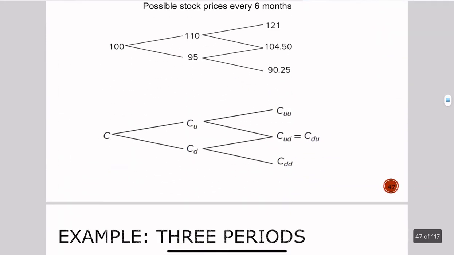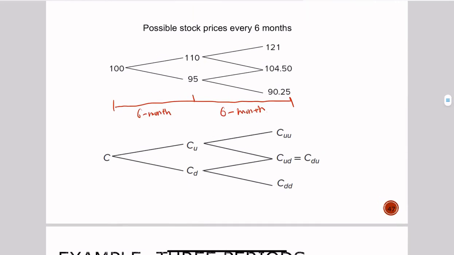What we're gonna do is, this is basically 1 year. And we will separate this 1 year into 2 sections. So the first section is this 6-month period and 6-month period. And let's say during these 2 periods, the stock price will actually work like this.